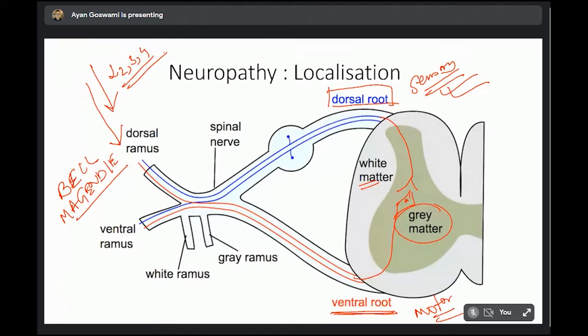Now this sensory nerve has its cell body in the DRG. DRG is dorsal root ganglion. So the cell body of the sensory nerve is located in the dorsal root ganglion. Basically, this sensory nerve is a bipolar neuron. Correct.